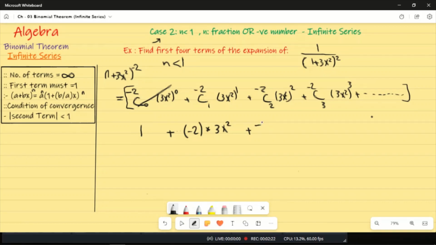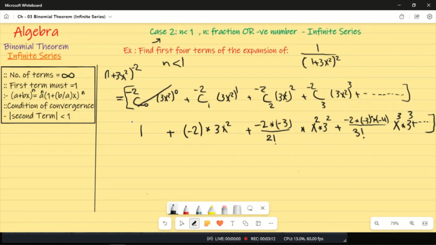So we have negative 2 into negative 3 by factorial of 2 into 3 squared x to the power 4, plus negative 2 combination 3, so as we did before, negative 2 into negative 3 into negative 4 by factorial of 3 into 3 cubed x to the power 6, plus the infinite series.